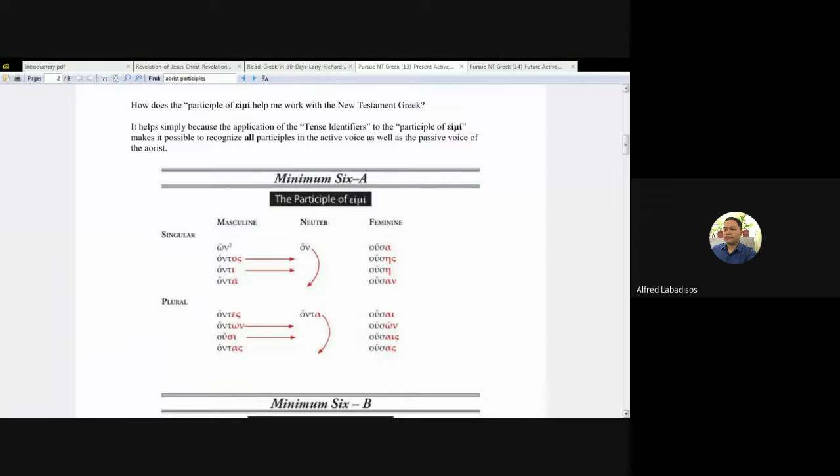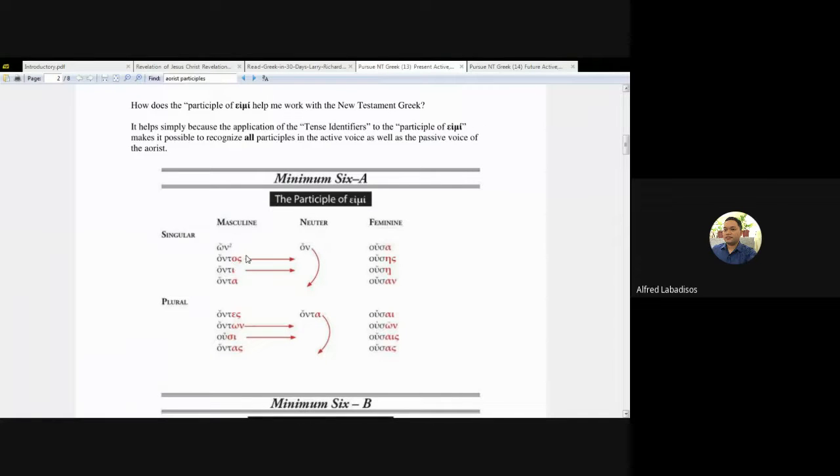So these are the endings of the active participle of eimi: on, ontos, onti, onta, ontes, onton, ousi, ontas. For the neuter, on, and they have the same endings.